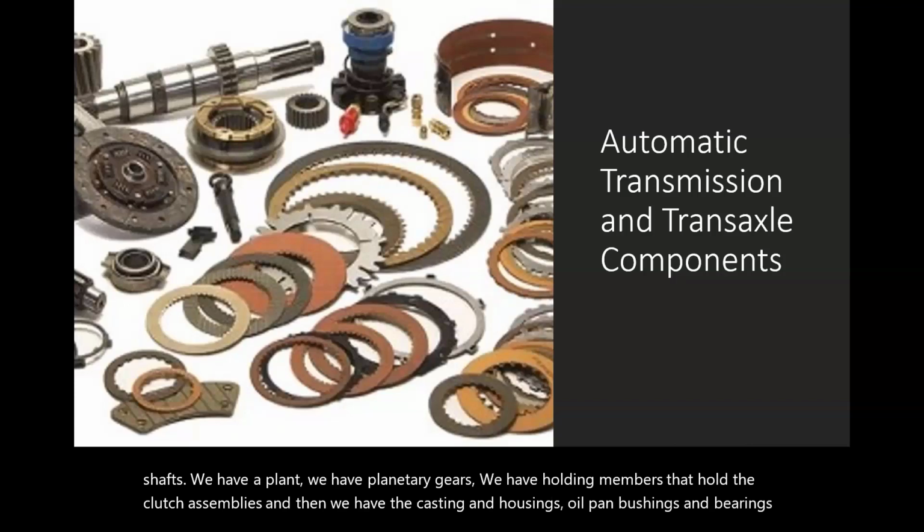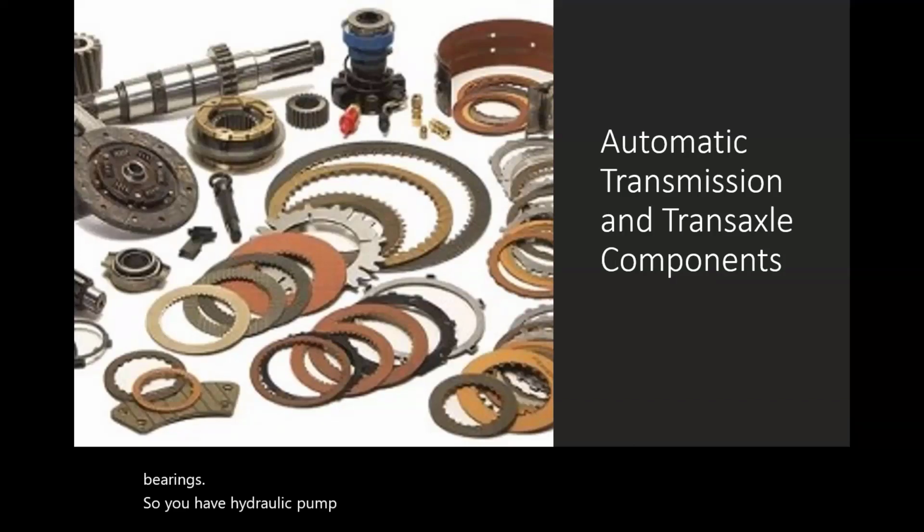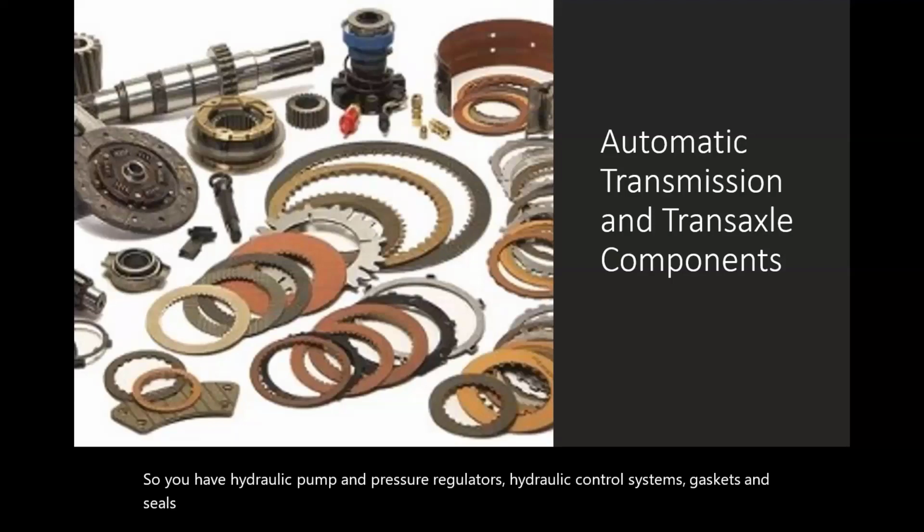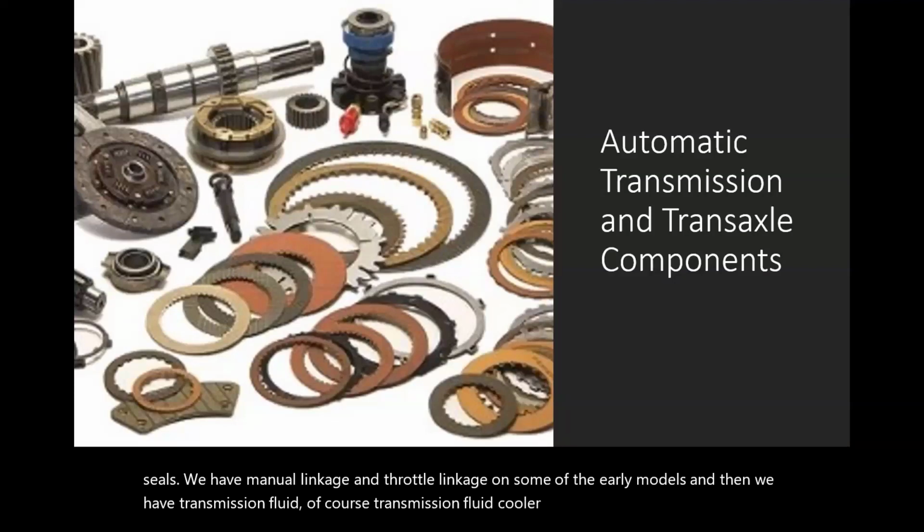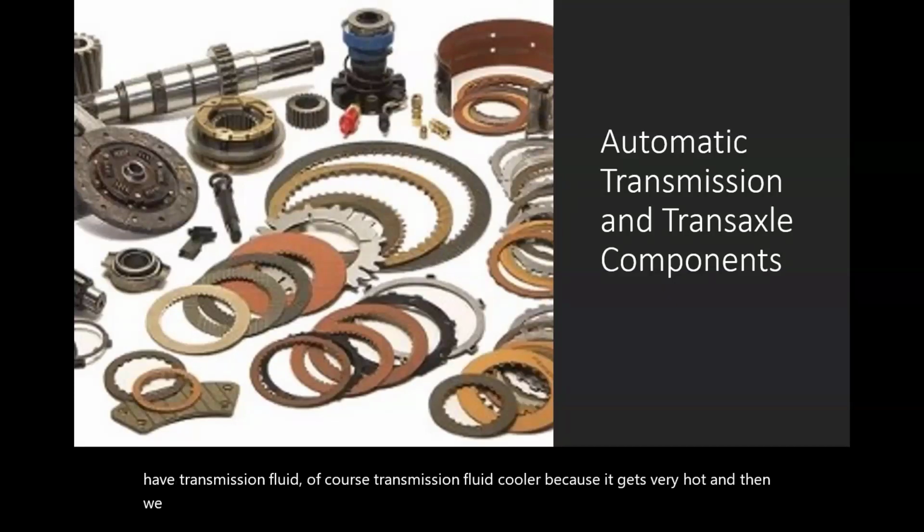We have a hydraulic pump and pressure regulators, hydraulic control systems, gaskets and seals. We have manual linkage and throttle linkage on some of the early models. And then we have transmission fluid, of course, and a transmission fluid cooler because it gets very hot. And then we have a transmission fluid filter that needs to be serviced.